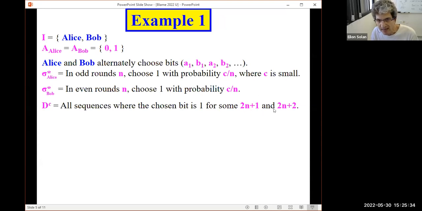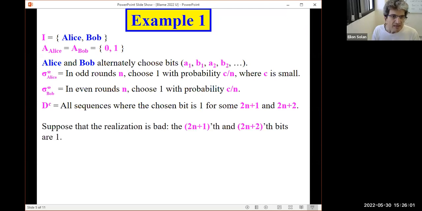Alice chooses 1, and immediately after Alice, Bob chooses 1. So if both choose 1 one after the other, then this sequence is bad. And as I just said, the probability of the complement of D is of the order of C squared, which is small. If C is small, C squared is small. So this is the complement of D.